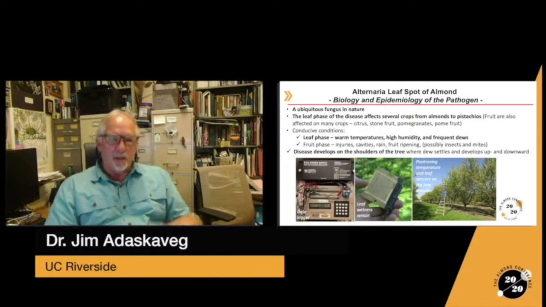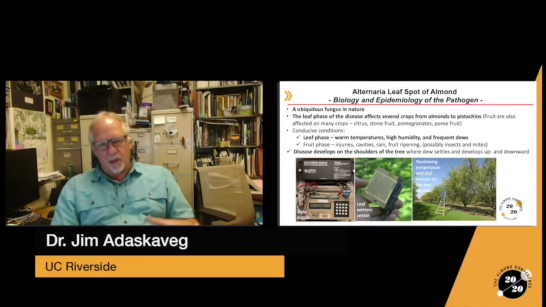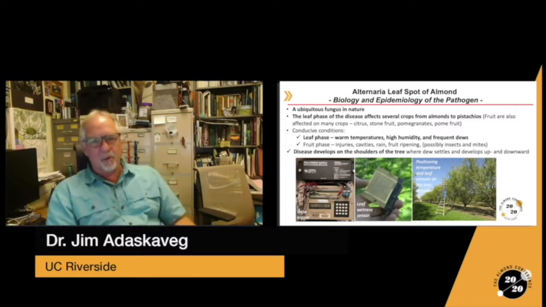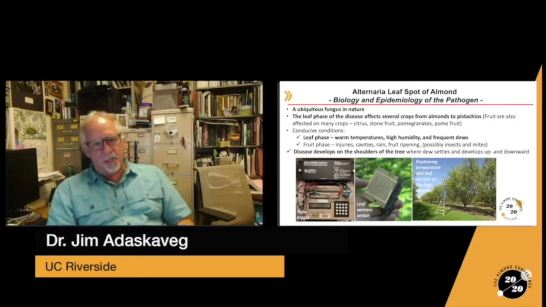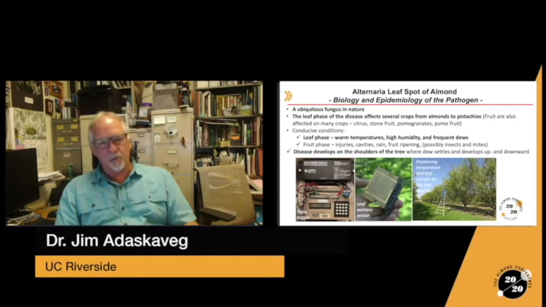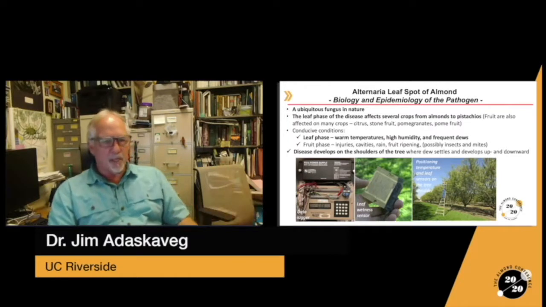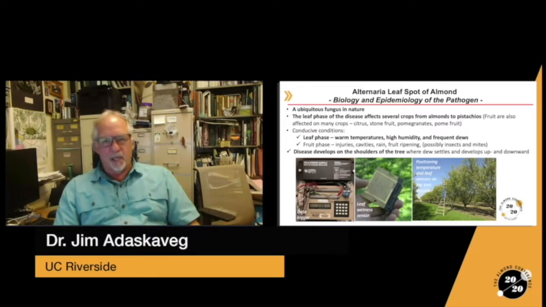As I pointed out, it's a ubiquitous fungus. So when we're thinking about the disease triangle, we always have the inoculum present, and we have a susceptible host. This crop, almond, is susceptible, but there are many other tree crops, from citrus to stone fruit to pomegranates and palm fruit, that can get Alternaria infections.